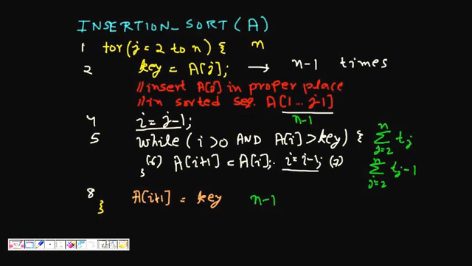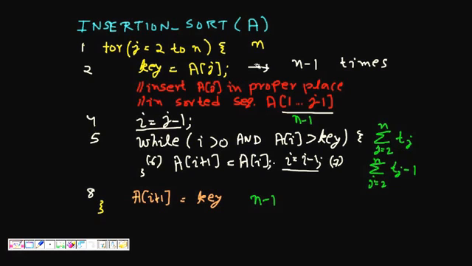And now we want to analyze this algorithm. So for each line we will see how many times it was executed. The first line is executed n times, because it's a for loop running from 2 to n.